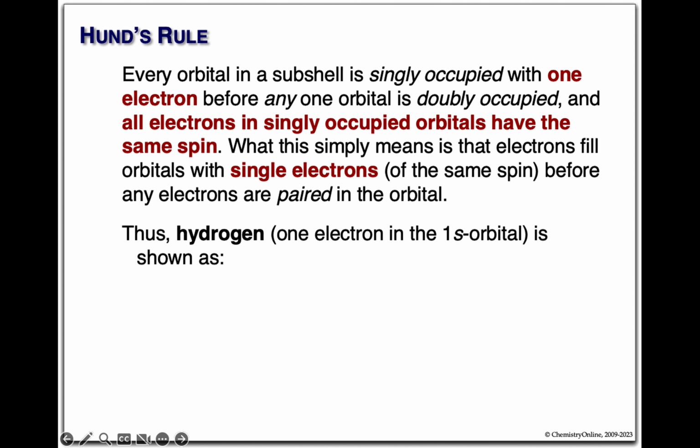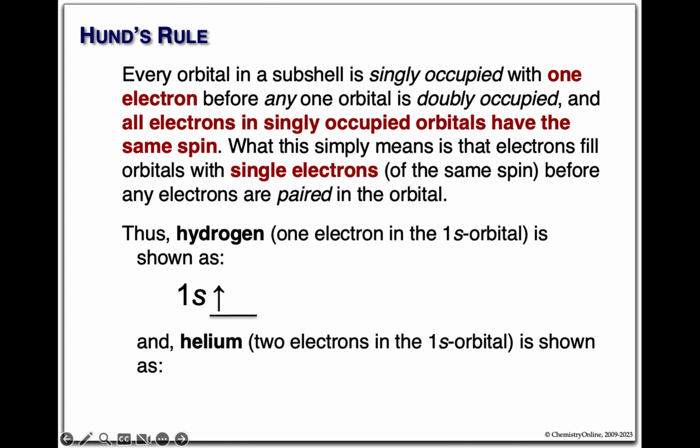If we were doing hydrogen and we wanted to show electrons with their spins, hydrogen, first period, 1 electron. We would show it simply as a spin either up or down. If we go all the way over to helium, we're going to add 1 more electron to the s orbital.